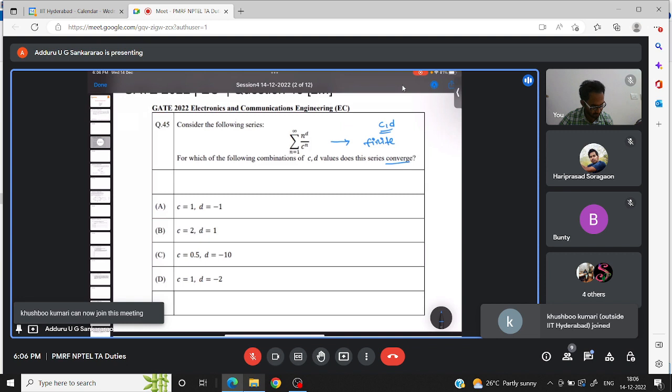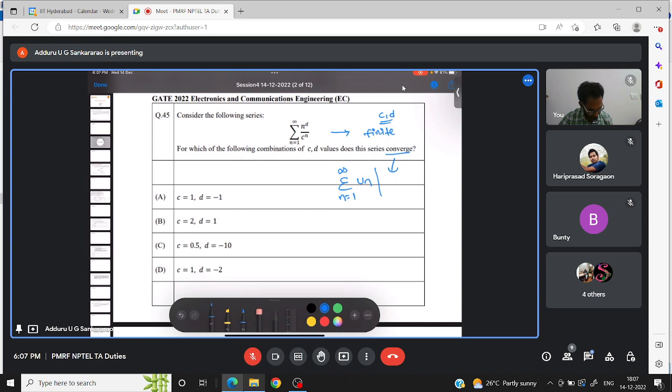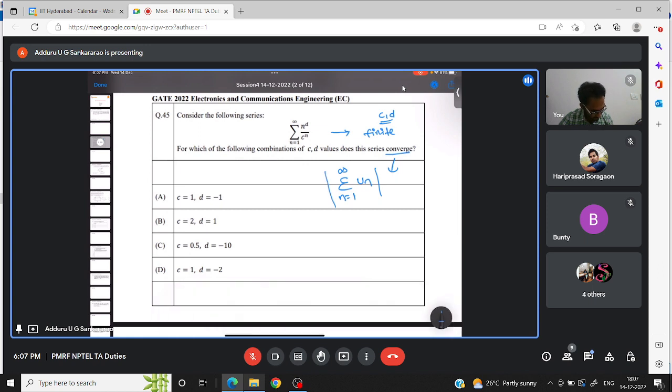So convergence means, if we have some summation, sigma n equal to 1 to infinity u of n, then this entire quantity should be less than infinity. It should be finite. Then only we'll say it is convergent.